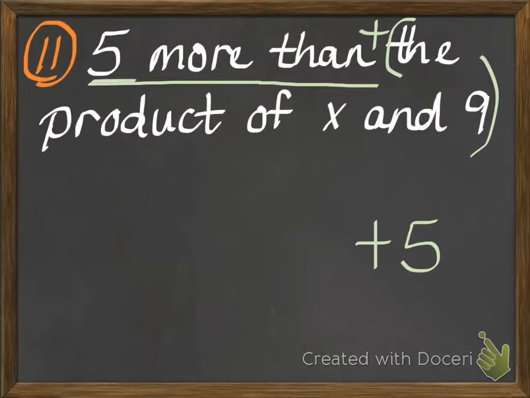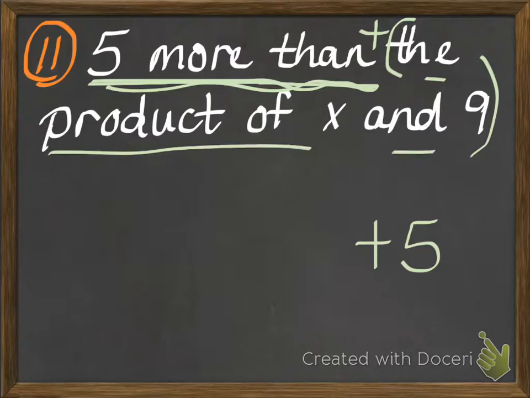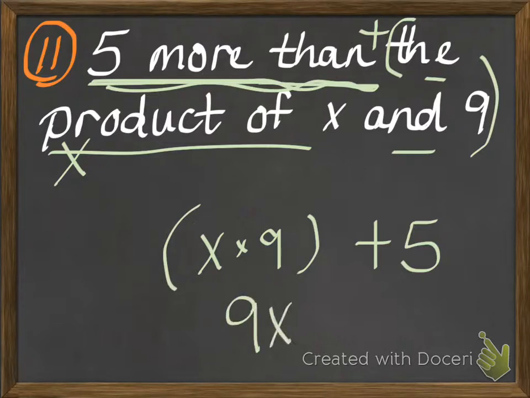So you're adding 5 to whatever you're doing here. So 5 more than the product. Product means multiplication of x and 9. So x times 9, see what I was saying there about having two x's is very confusing, plus 5. So to make that less confusing, we'll put 9x plus 5.